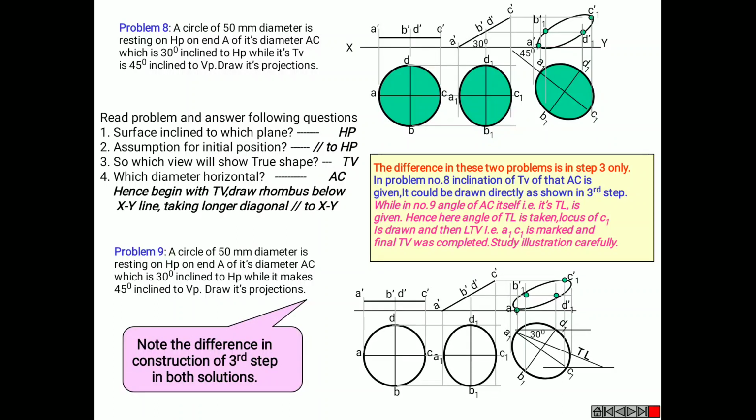Note the differences in construction of the third step in both solutions. So this is the first stage, second stage, and this is your third stage. Just check the difference.